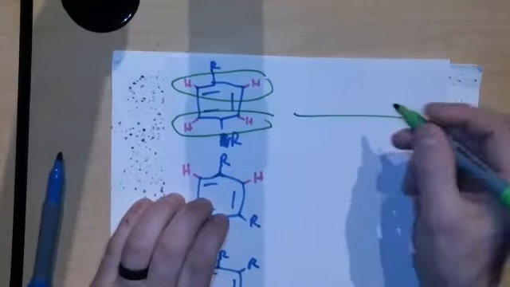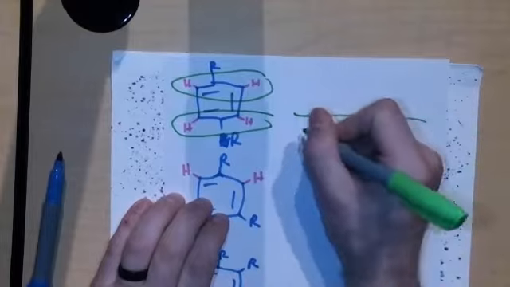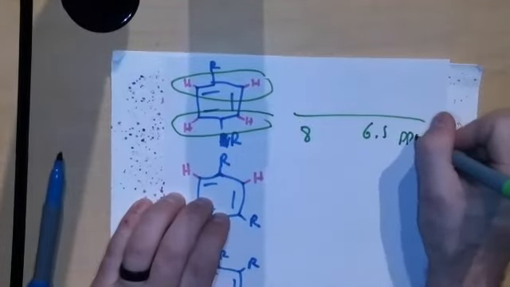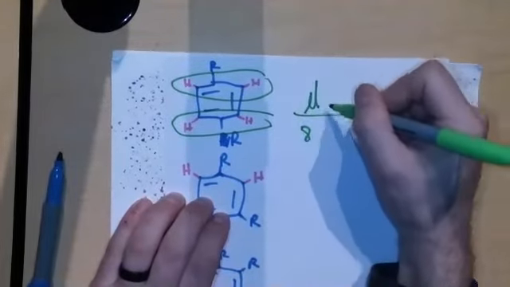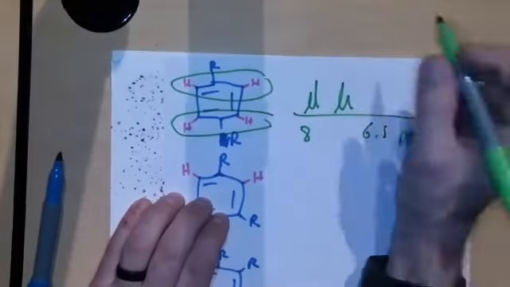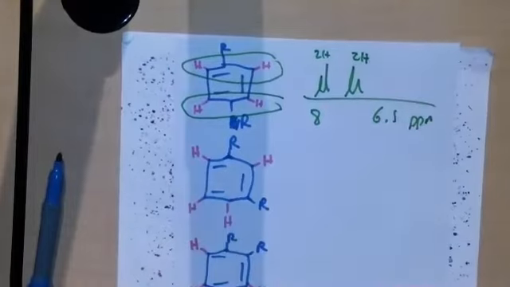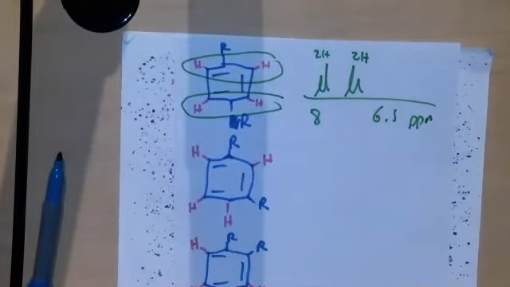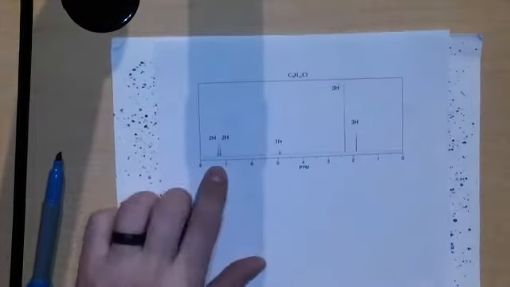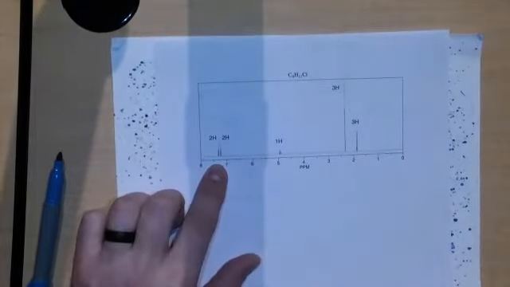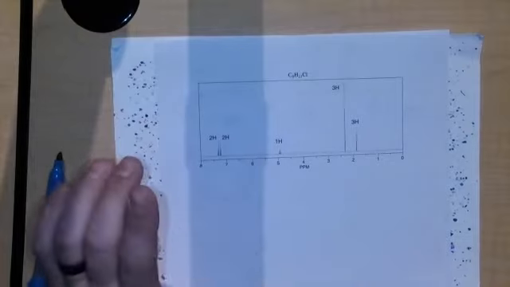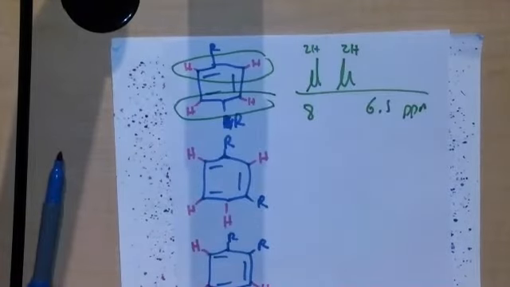You're going to get something in your 6.5 to 8 range, and it's going to look like two doublets. They're both going to be worth 2H. If I pull the last NMR from that worksheet, you can see two nice doublets here. They're both worth 2H. That's going to be a para confirmation.